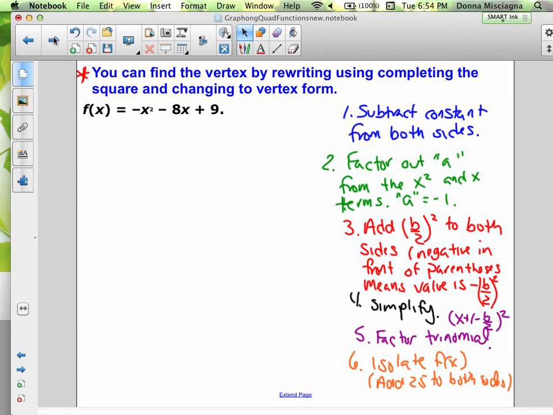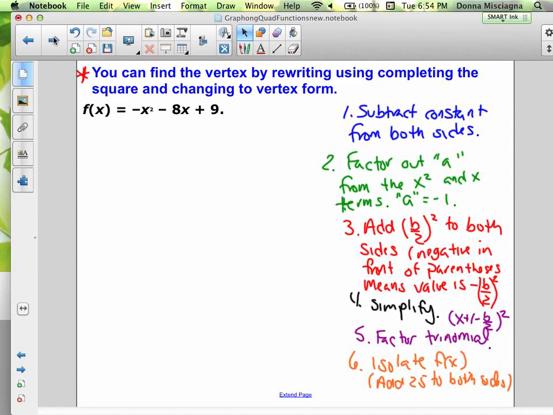So this is very much the steps for completing the square, except actually two key differences. One, you can't get rid of any terms. So we're not going to divide each side by a number and get rid of it. And also, we're not solving. So we're not trying to isolate x. We're just using the steps to rewrite the equation.